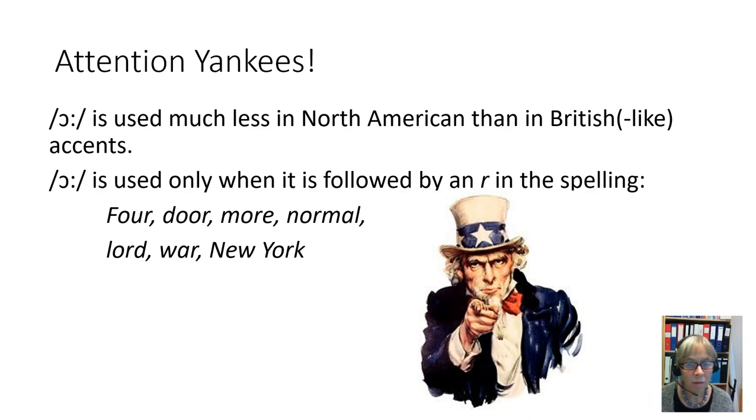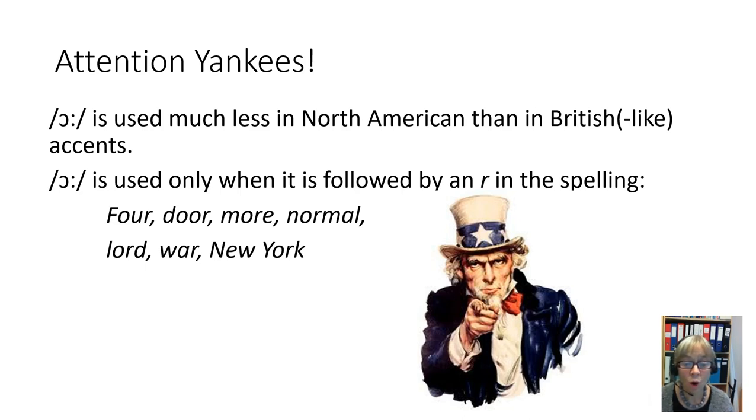In North American accents, aw is used only when it's followed by an R in the spelling, such as for, door, more, normal, Lord, war, New York. And then also, of course, most people in the US and Canada would pronounce the R in these.